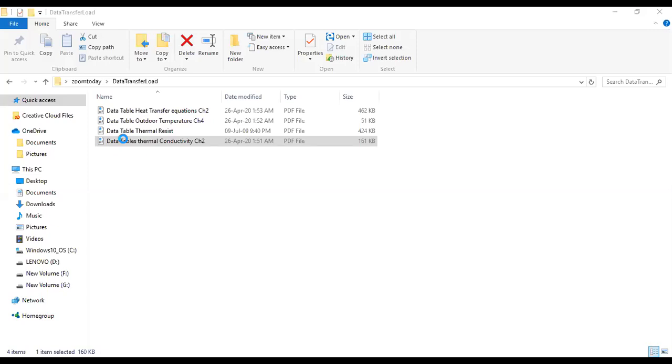And here is convective transfer: boiling, condensing, heat transfer coefficients, and this is in watts per meter square Kelvin. So by conduction, you can calculate by Fourier's law the heat transfer from this property, thermal conductivity.